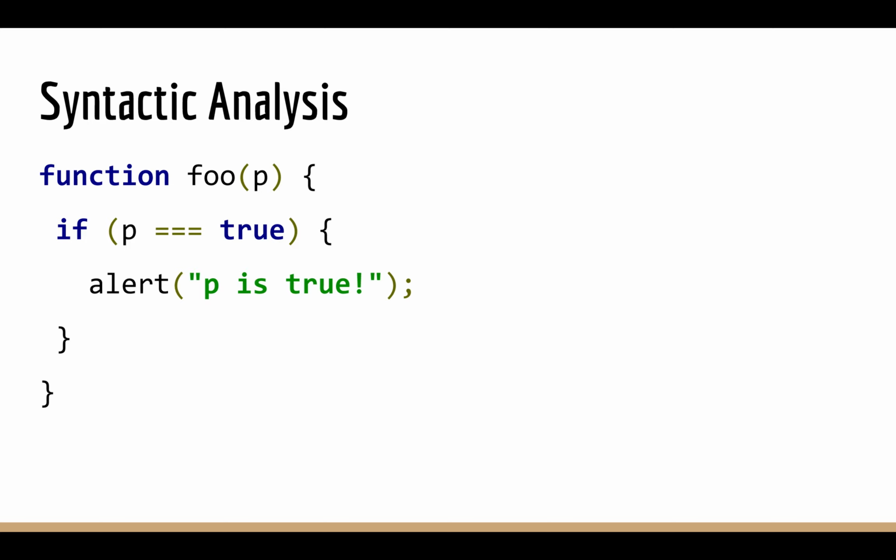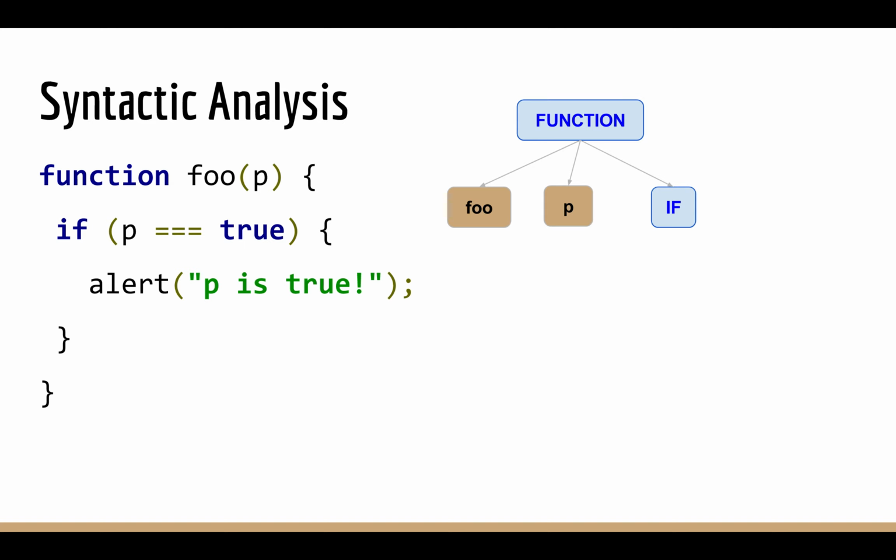And it does it by starting from the lexical level and understanding that the function keyword that you had was in fact the beginning of a function, and the function is decomposed into a function name, into parameters, in this case p, and then there is a body which is represented by an if statement.